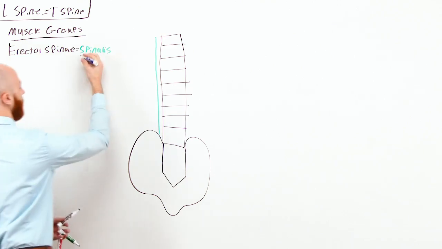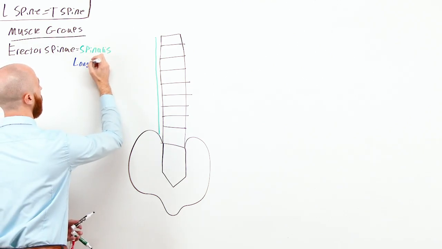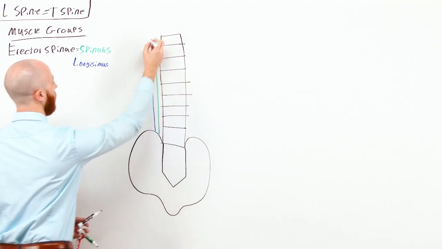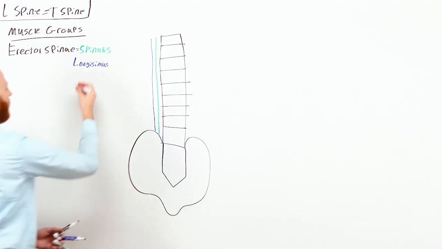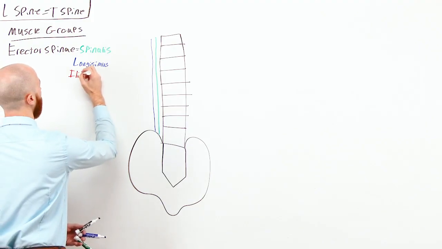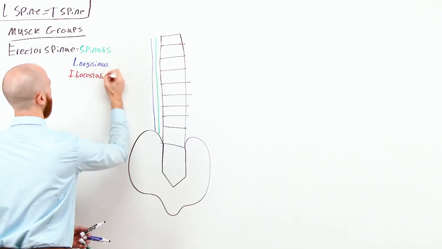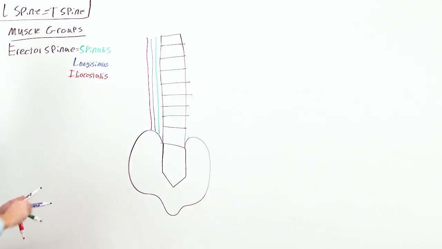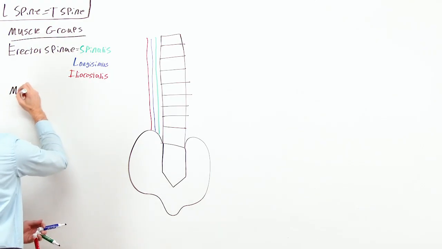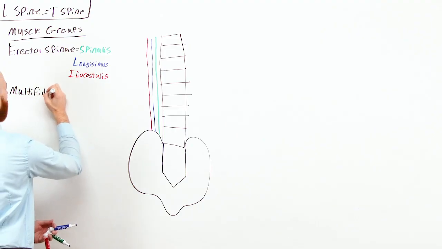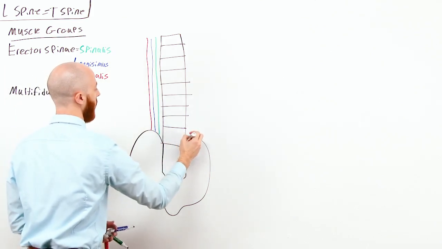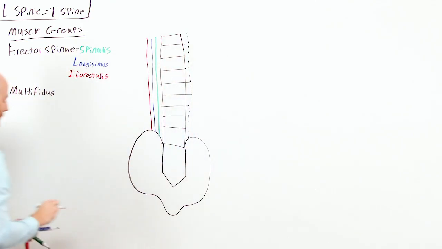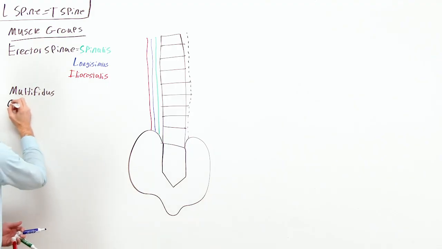This includes longissimus, which is the next muscle lateral, and this includes iliocostalis, which is the most lateral. Then you have multifidus, which runs close to the spine but is the deepest of the muscles that we're going to discuss. And then you have quadratus lumborum.